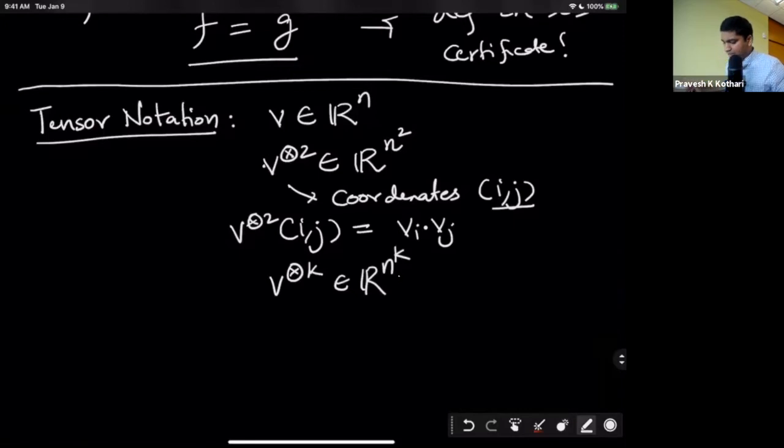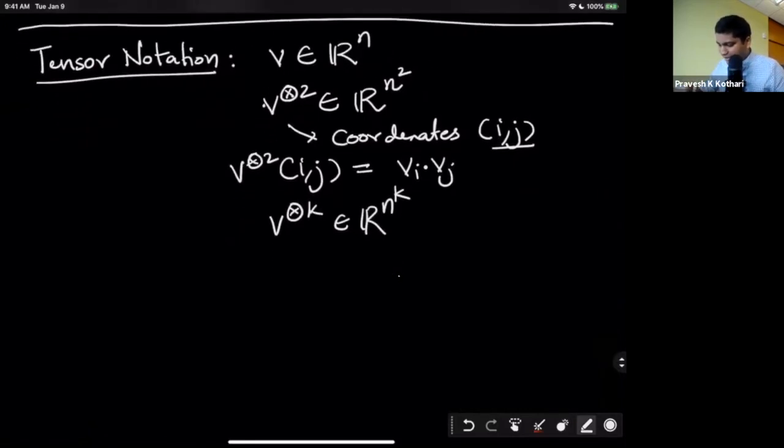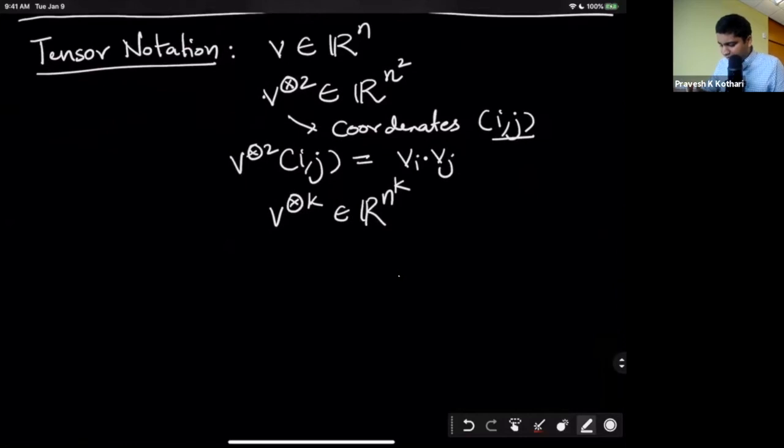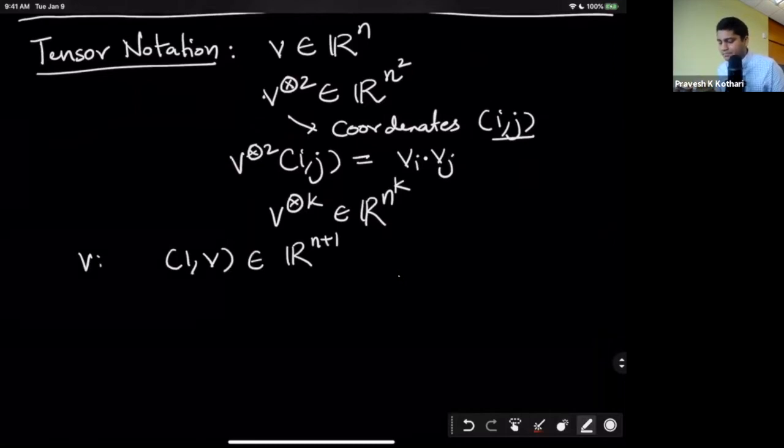But you understand what v tensor k means. The other thing I'm going to use, this is simpler, is, given a vector v, I'll form an n+1 dimensional vector by appending 1 as the first coordinate and write (1, v) for this vector. So the first coordinate is 1 and the rest of the n coordinates are the coordinates of v. Okay, good. That's just some piece of notation.